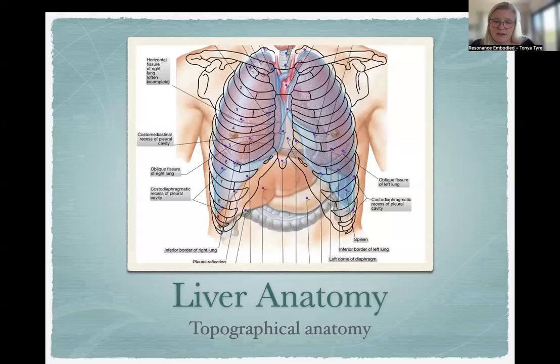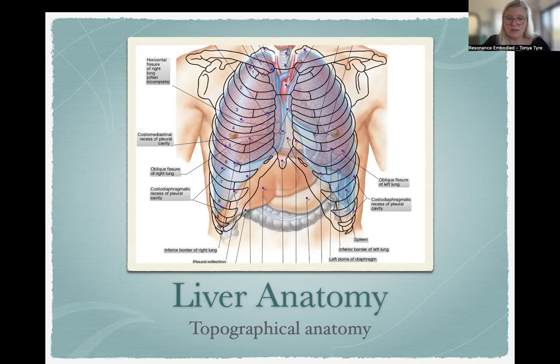This picture here is from Netter, and I chose it because it has a really good description of the topographical anatomy and the liver's relationship with the lung and the heart. I like the way they've shadowed things here. You can see the lung tissue, and then the pleura in blue. You can really see that long pleural drape, the pleura really drapes the liver.